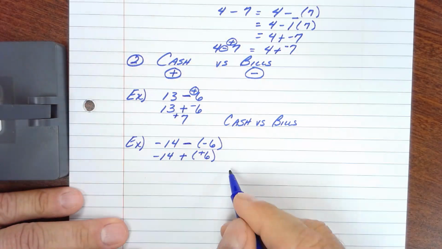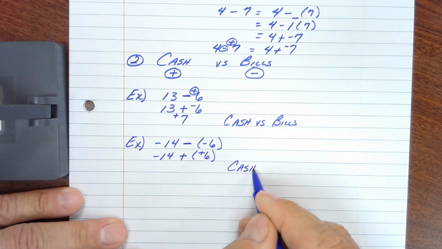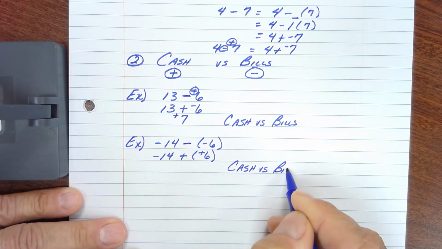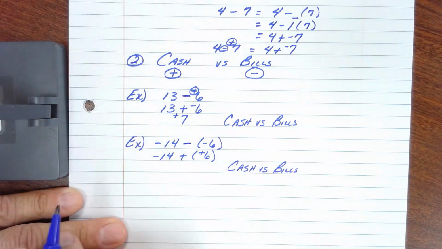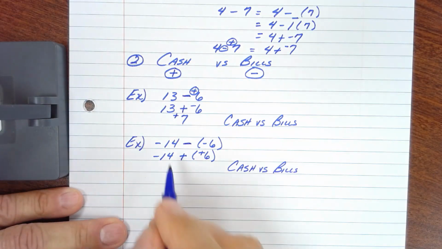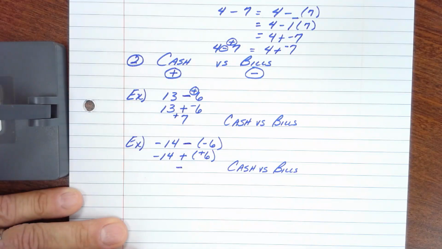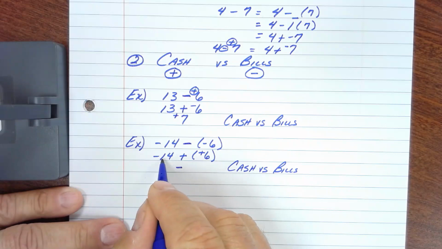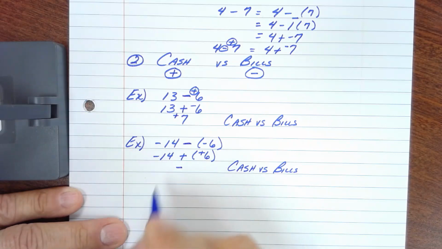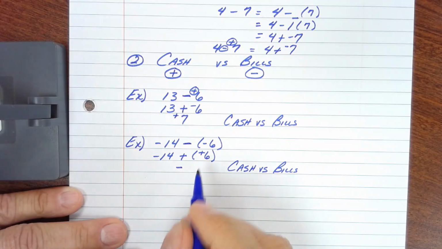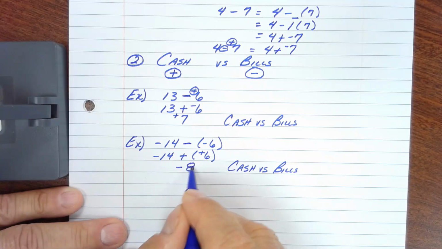And again, you're going to ask yourself, cash versus bills. What do you have more of? Bills. How much more? You have $6, you owe me 14. Are we square? No, not even close. You still owe me $8.